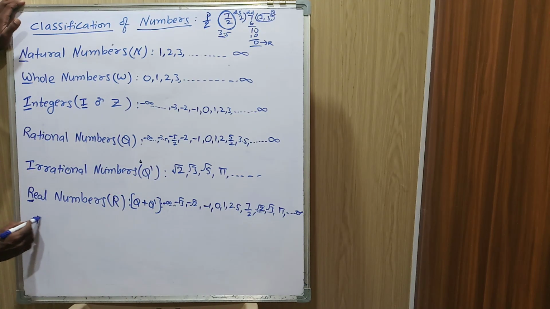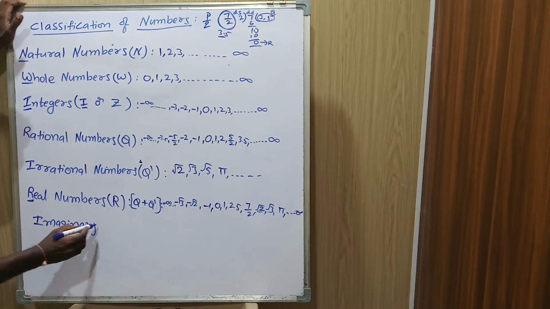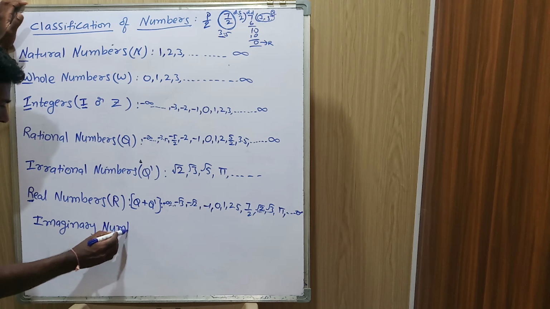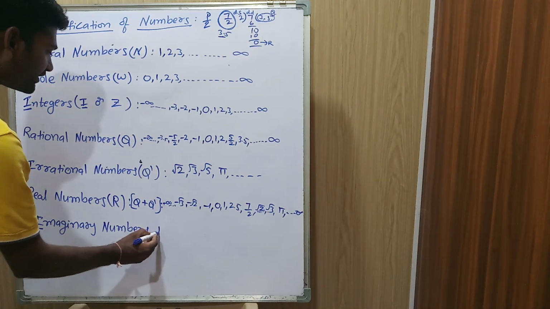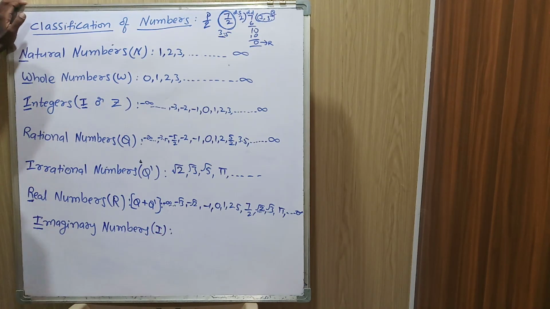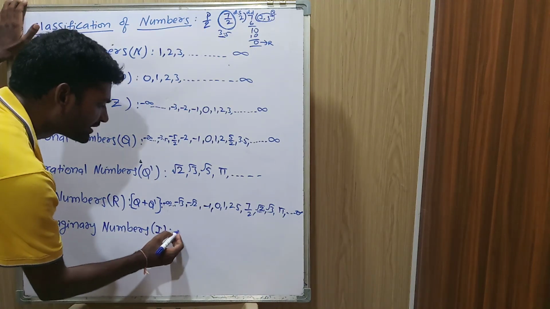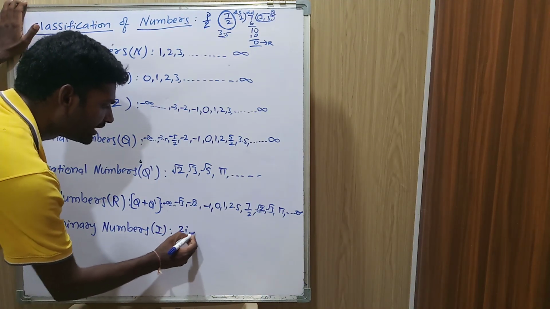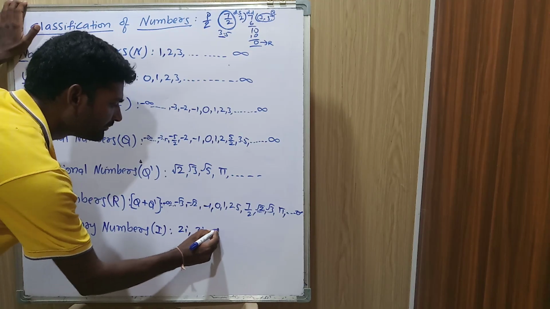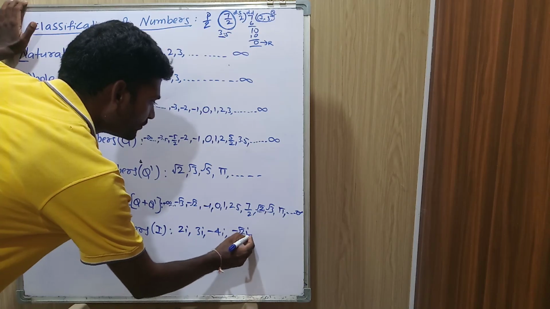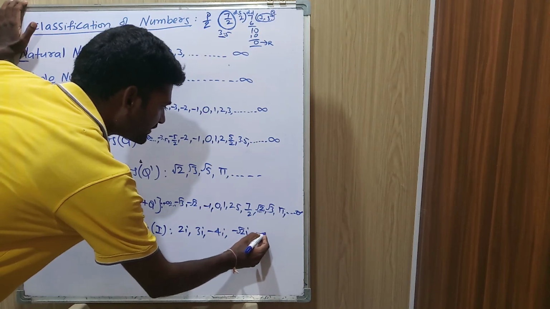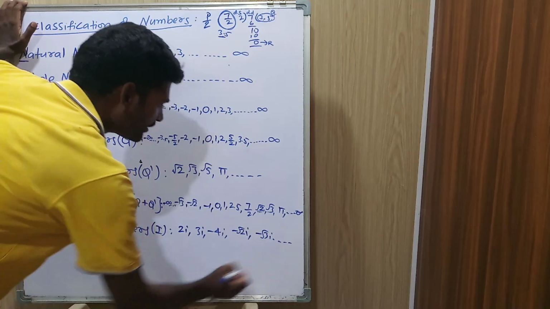Next, imaginary numbers. When you write imaginary numbers, the starting letter is I, so that's why imaginary numbers are denoted by the letter I. Imaginary numbers are represented by 2i, 3i, minus 4i, minus root 2 i, minus root 3 i, and so on.